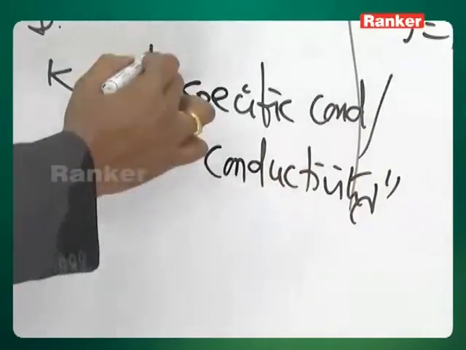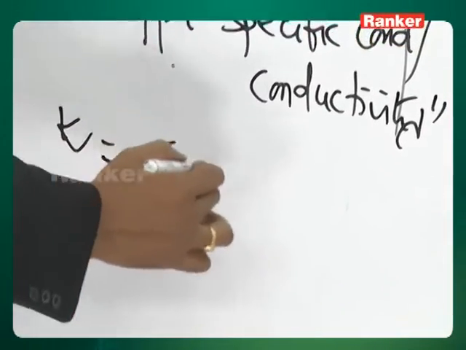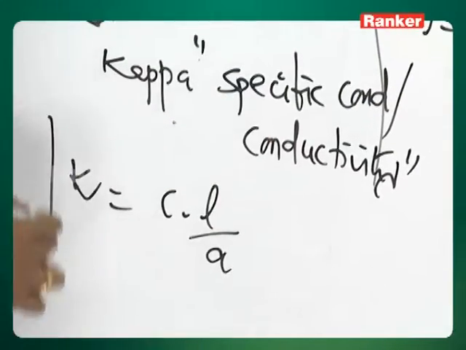You can see here K or kappa is equal to C into L upon A.